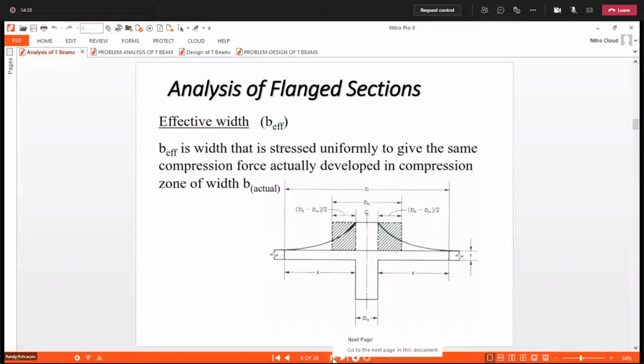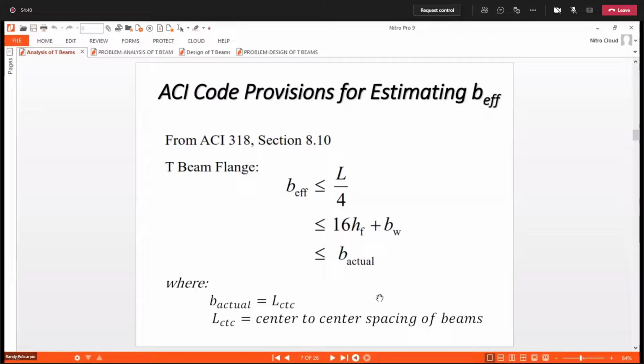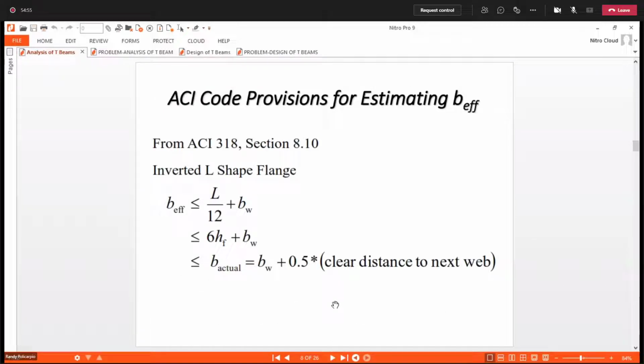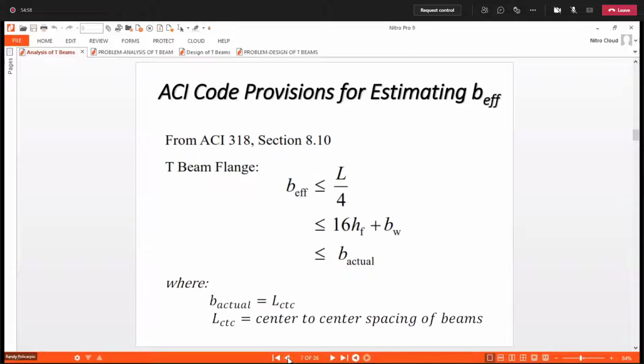Now the effective width, the determination of the effective width, so we have now this criteria. Okay, so the effective width can be equal or less than L over 4. L over 4 pertaining to the clear span. Ito yung clear span ng beam natin, no? So pag clear span, it is measured from face to face of the supporting column.